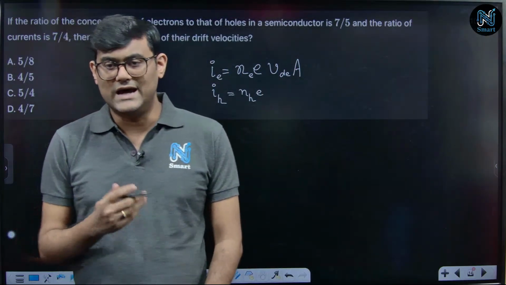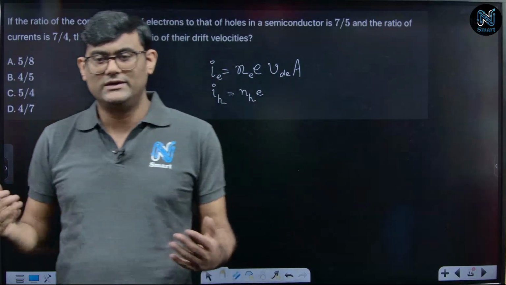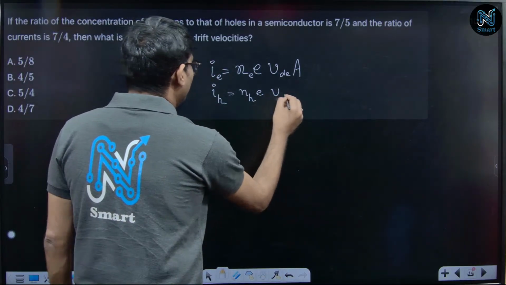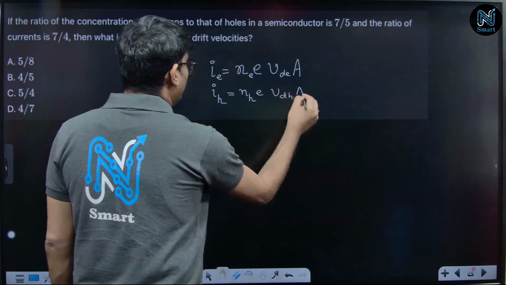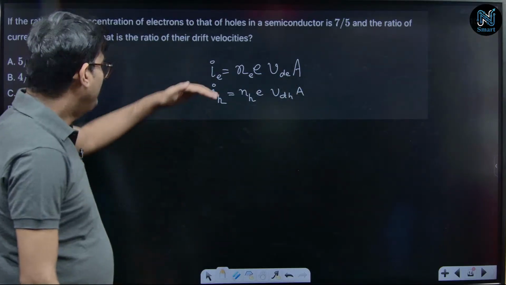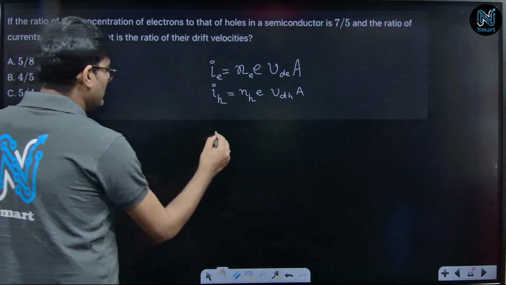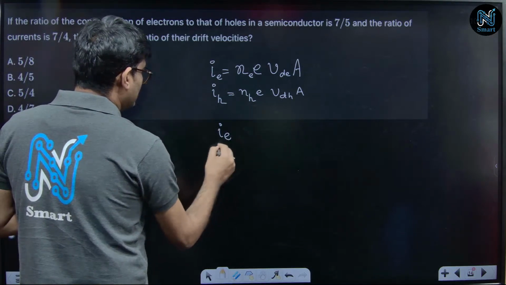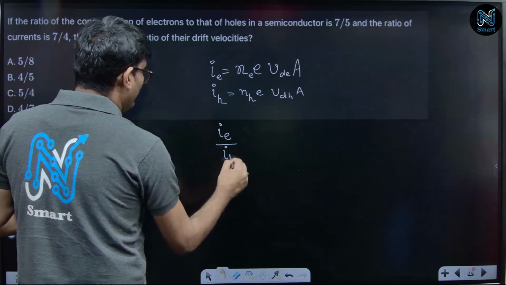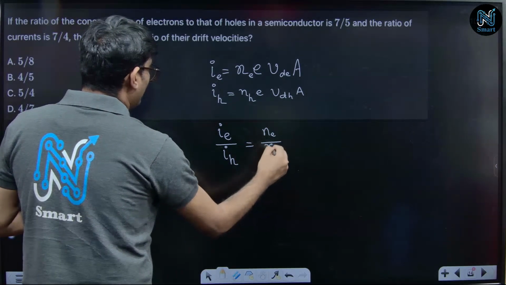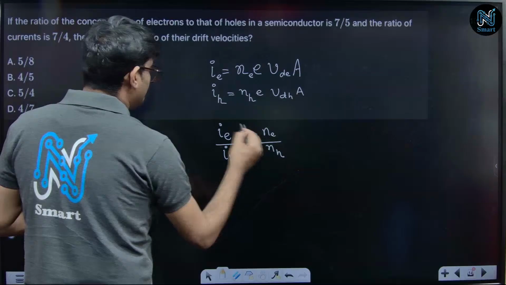So the charge of that hole is actually the same charge as that of the electron. This is drift velocity of the holes multiplied by A. Now if I do a ratio of these two equations, I can find the ratio of their currents. Electron current divided by hole current, that is the electrons ratio divided by holes ratio.